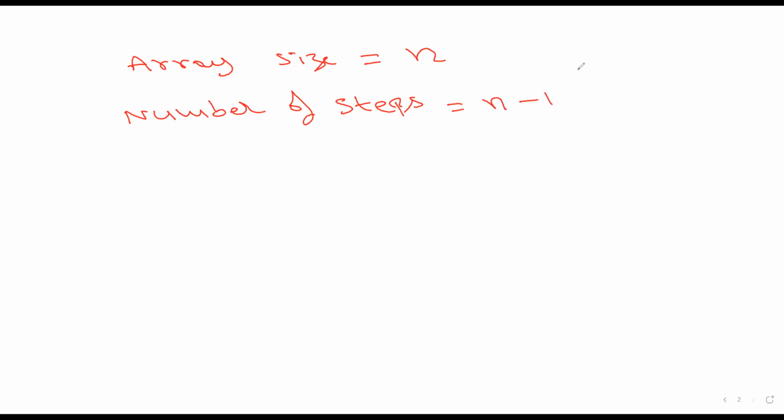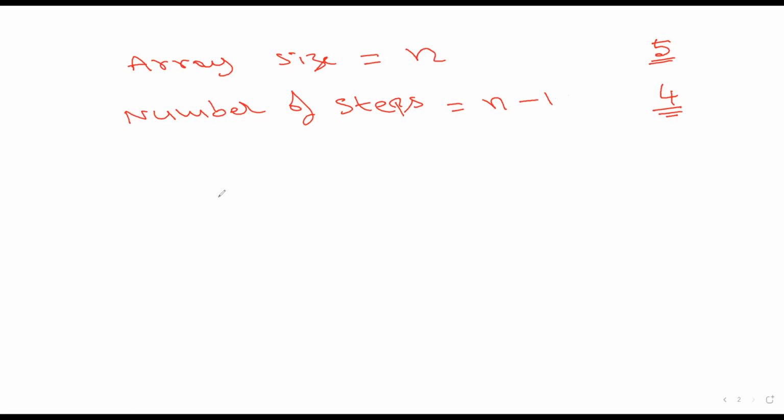So in our previous example, what is the size we have taken? We have taken size as 5. How many steps did we perform? We performed 4 steps. Like that, we can perform our bubble sort technique to arrange the elements in ascending order.